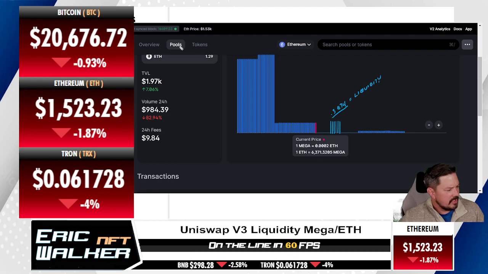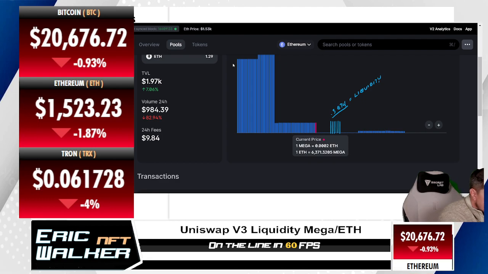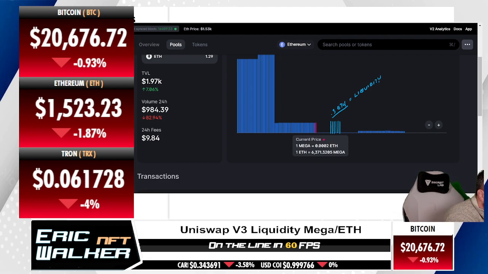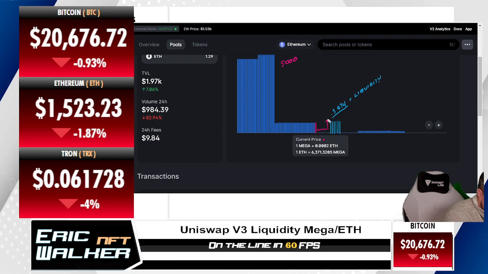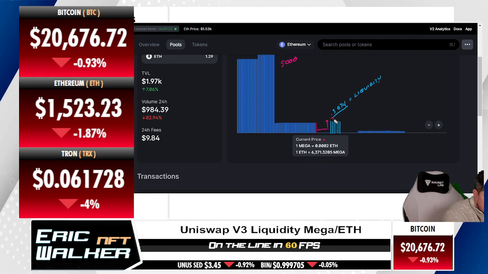So what does that mean? When we want to sell off our Mega, again, let's go back to that 5,000 Mega that we were talking about earlier. We would work through this stuff right here, and then we'd meet some resistance with this newfound liquidity here. And if we worked through all of that, then the price would fluctuate quickly in this region right here.